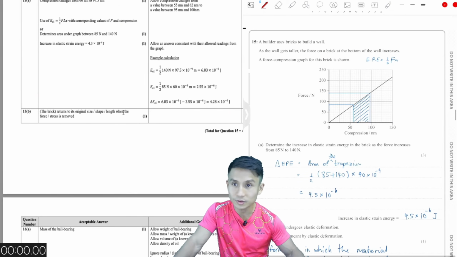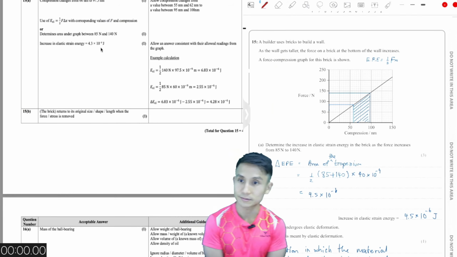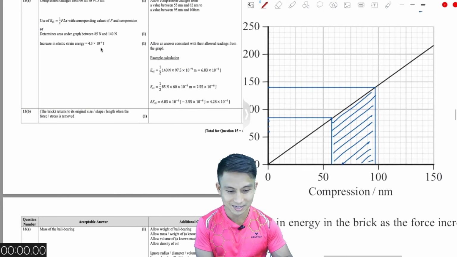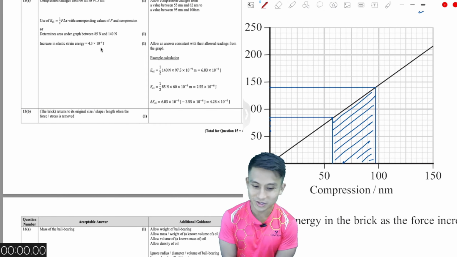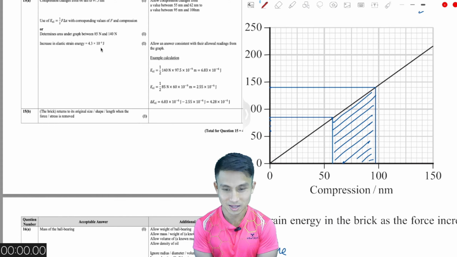15A, this one, compression. So, I got a different number. Okay. 60 to 97.5. That's nasty. How do they, wait. How do they count that?